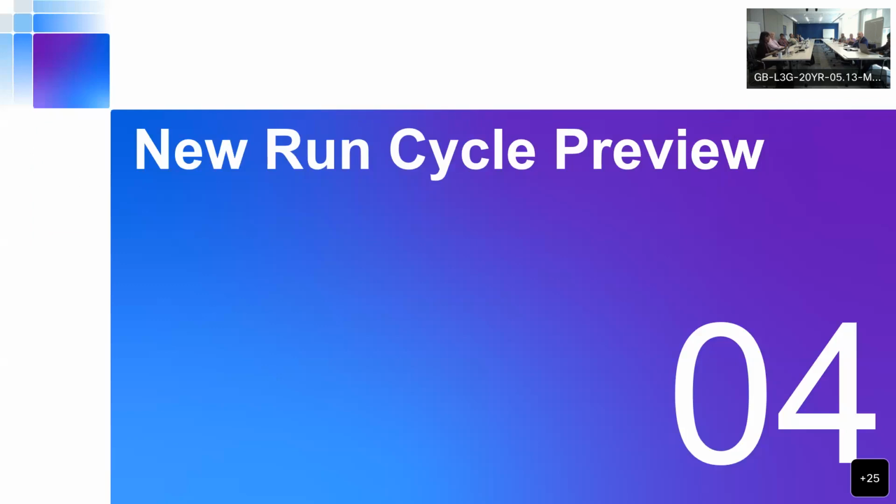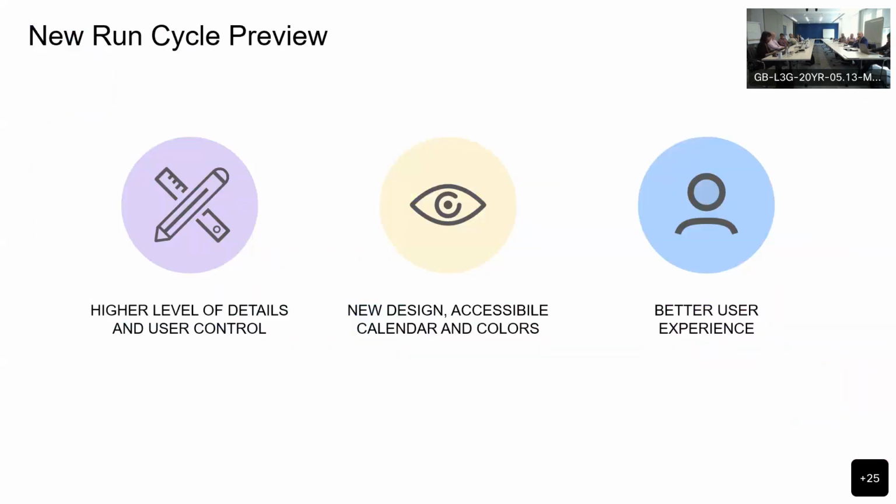So moving to the run cycle preview, as Marco said, it was something that wasn't included in previous releases, and we took some time to redesign it, improve it and add some enhancements. We added a higher level of detail, so you have much more information and it's much more usable and also useful.